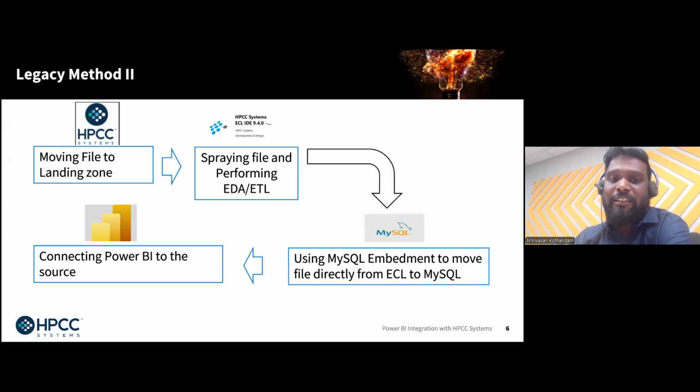Instead of desprayed files and ingesting the data into an RDBMS server, the ingestion into an RDBMS server was taken care of using the MySQL embed method. So the storage layer has been removed from here. From MySQL or any other RDBMS, Power BI can consume the data for creating visualizations and reports.